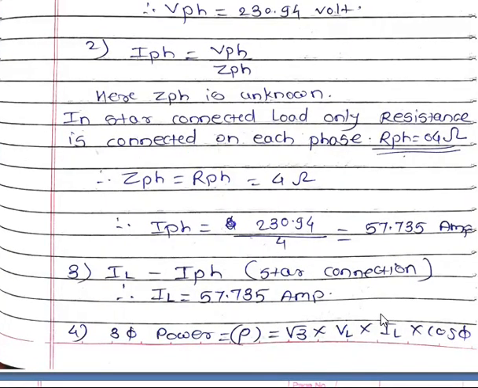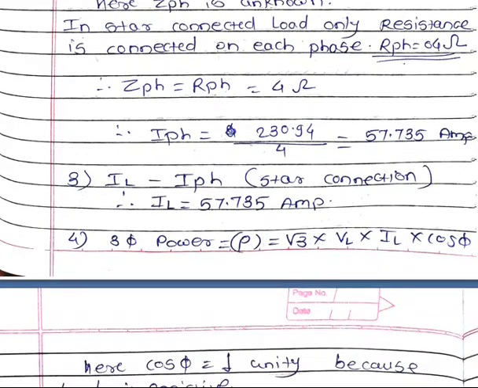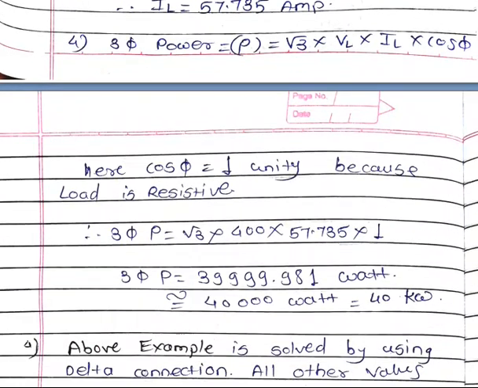Now we calculate the 3-phase active power P. The formula for 3-phase active power P is equal to root 3 into VL into IL into cos phi. The value of cos phi is unity, because the three-phase load contains only a resistive element.